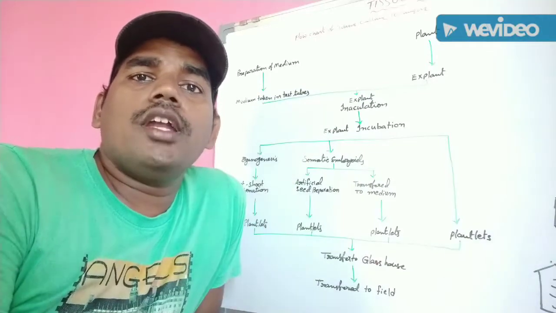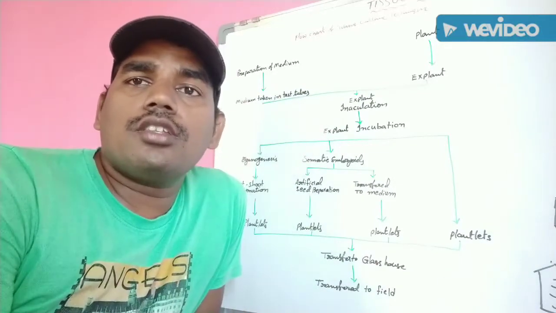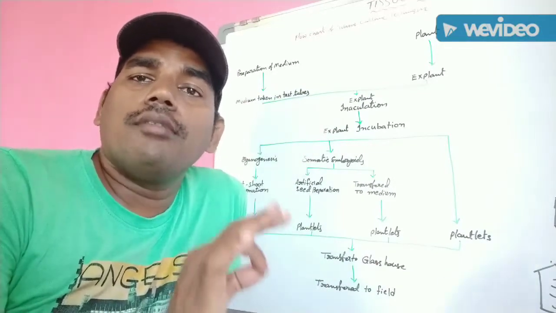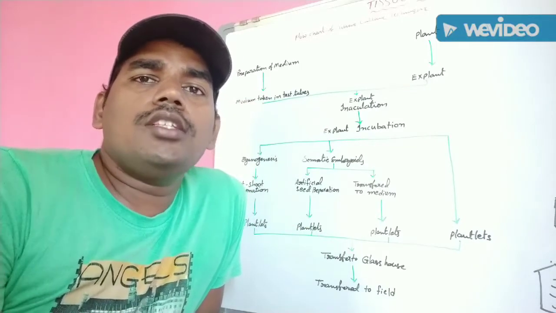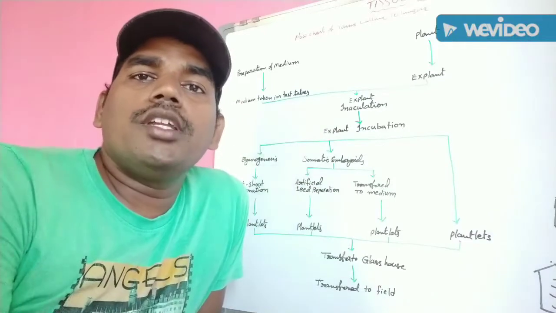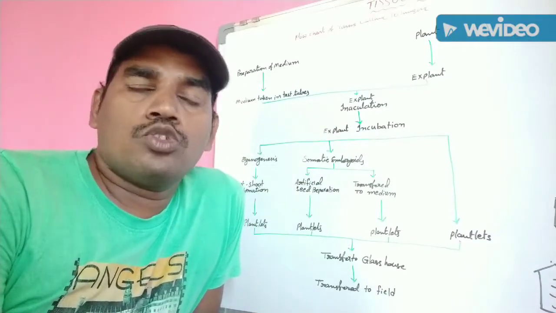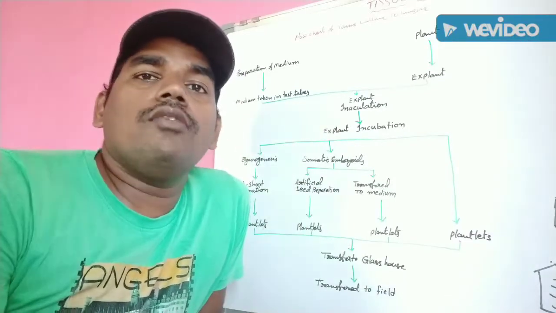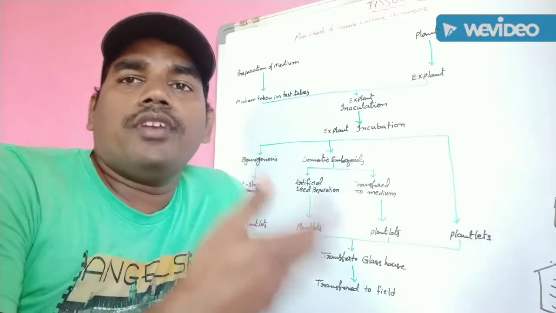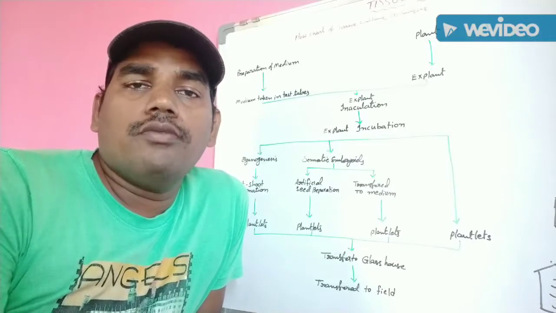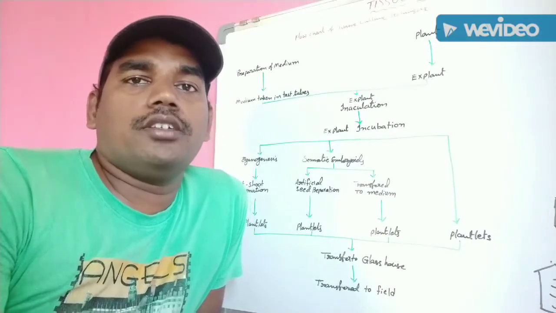Because in the meristematic regions, xylem and phloem are not completely formed. Next, the viruses are not present in the meristematic regions. So virus-free plants are obtained from this meristematic region with the help of tissue culture technique.